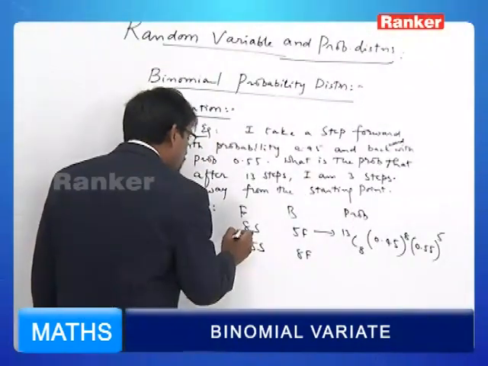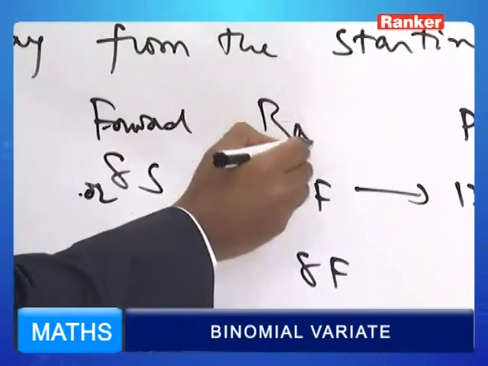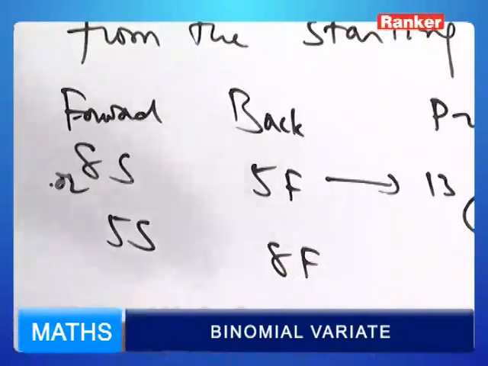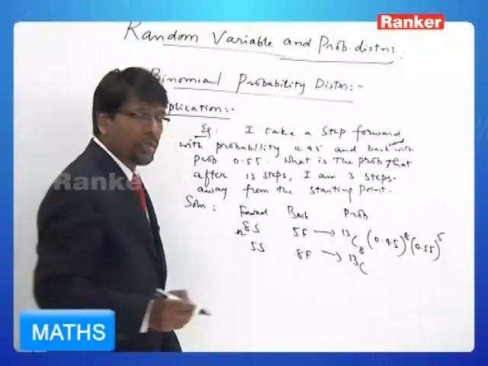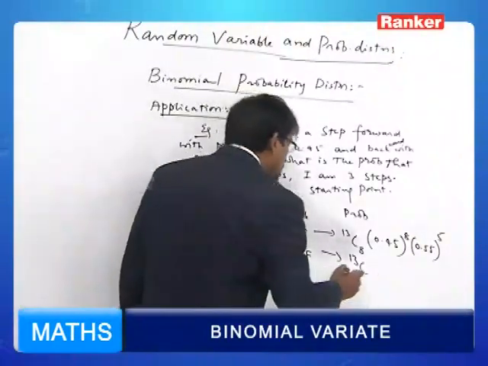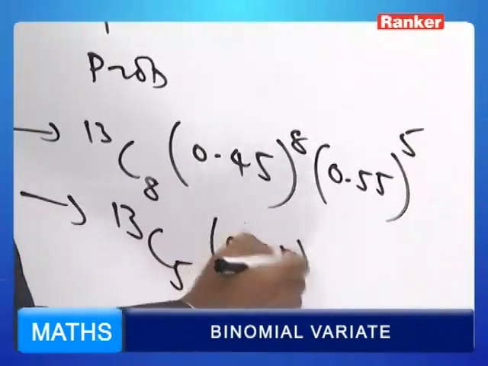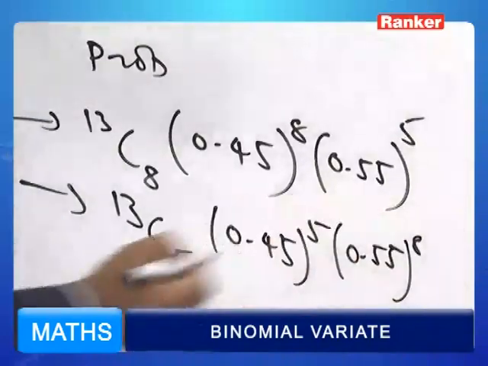Or the number of forward steps and backward steps can be 5 forward and 8 backward. So in that case also we will be just 3 steps away from the starting point. That is going to be 13C5 into 0.45 raised to the power 5 into 0.55 raised to the power 8.